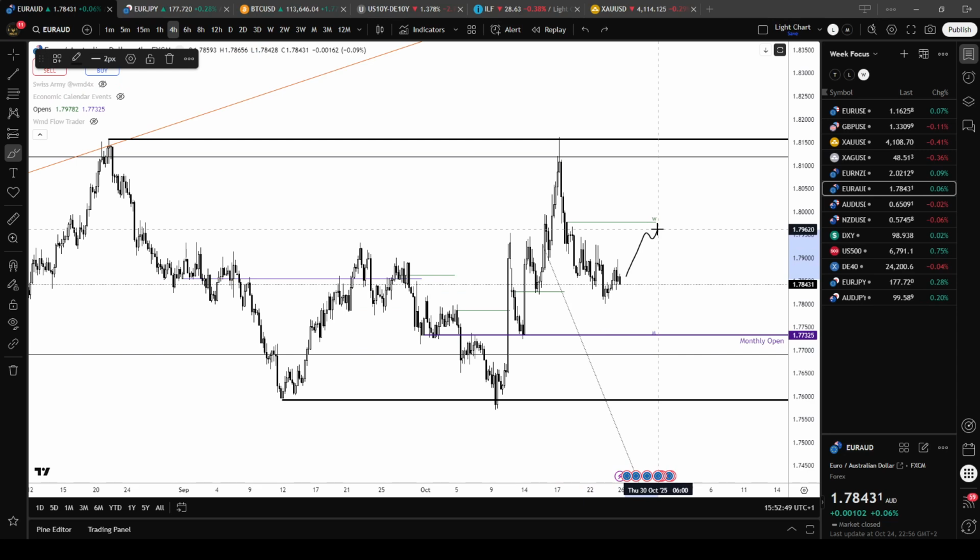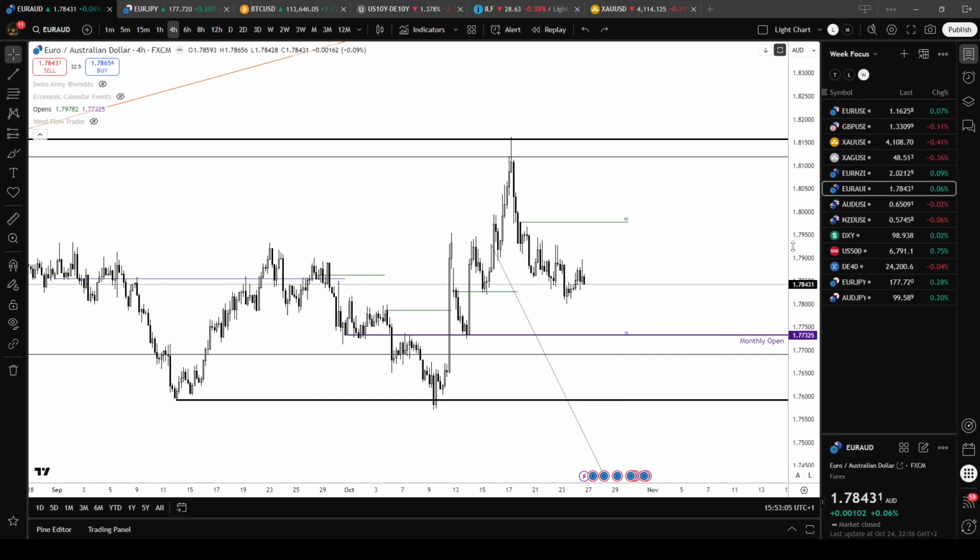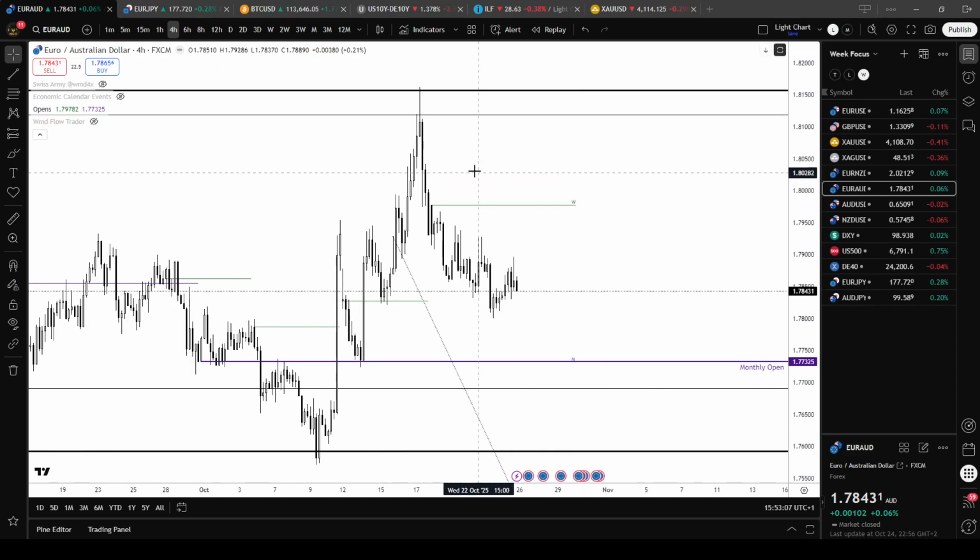I think that a bounce from the new weekly open and during the next week would be a good opportunity to sell the euro against the AUD. There's also something concerning to me about this chart, is that we have a flat open on the weekly and we have not traded that.